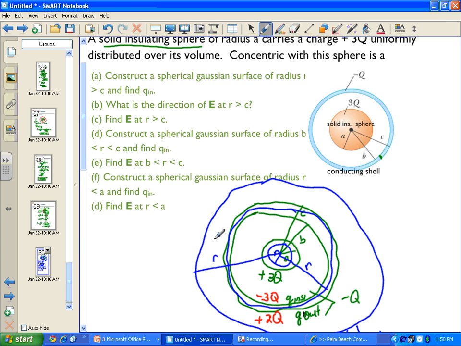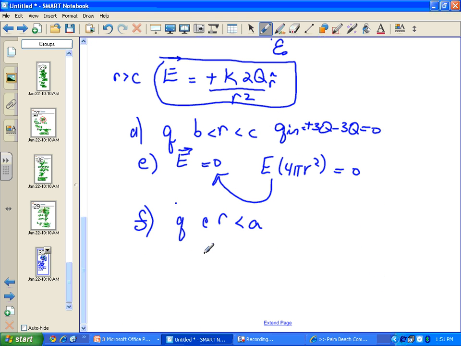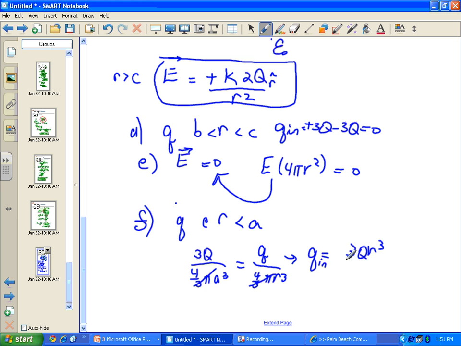We must take into account that the ratio of 3Q, the total charge on the sphere, over 4/3 pi a cubed equals the lesser quantity of charge over 4/3 pi r cubed. The 4/3 pi cancels, and so the charge inside is equal to 3Q r cubed over a cubed.